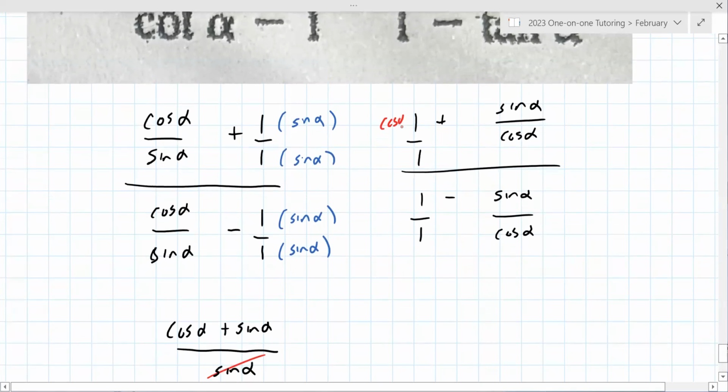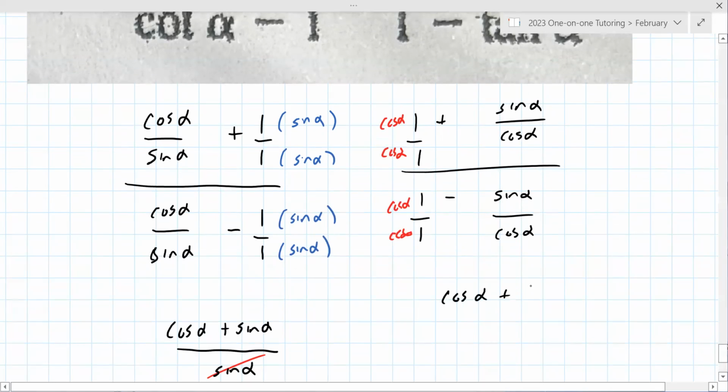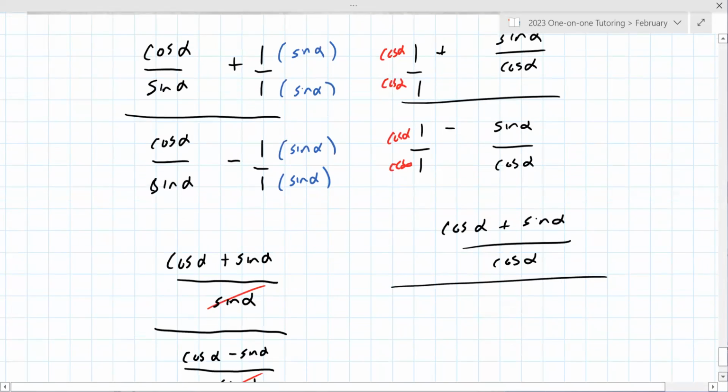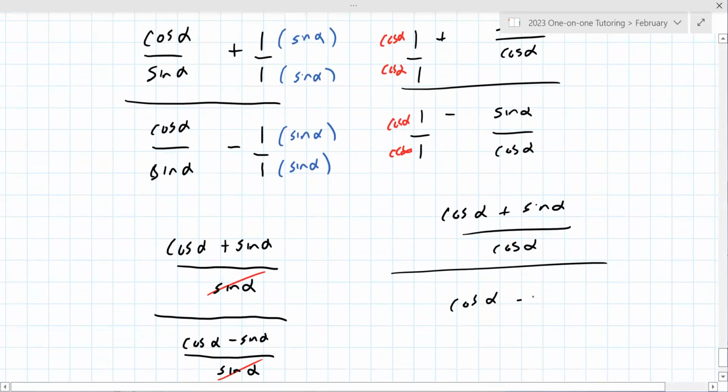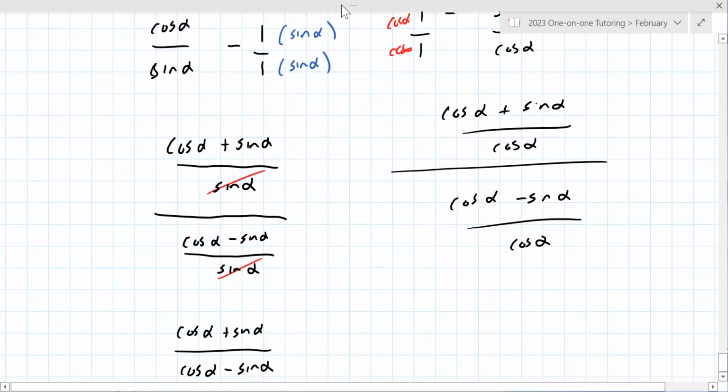So this is cosine alpha, cosine alpha, cosine alpha, cosine alpha. You get cosine alpha plus sine alpha over cosine alpha. That's the top. And then cosine alpha minus sine alpha on the bottom over cosine alpha. And again, the bottoms cancel. Look how nice that is.